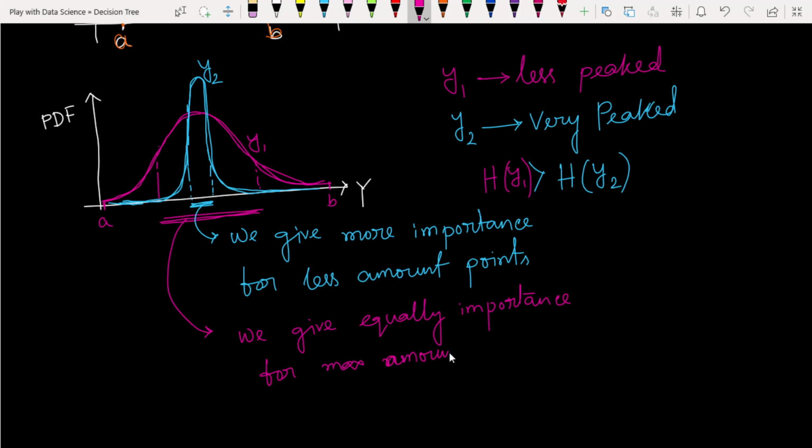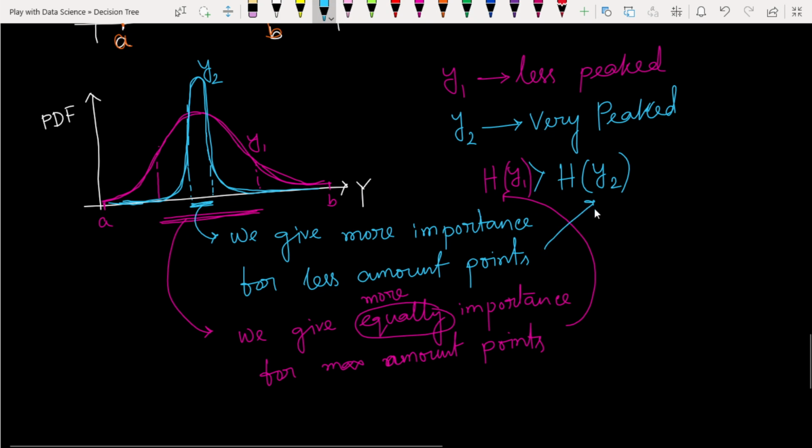Equally would be better language than more. Because of these two regions its entropy is high, and because of these regions its entropy is low.